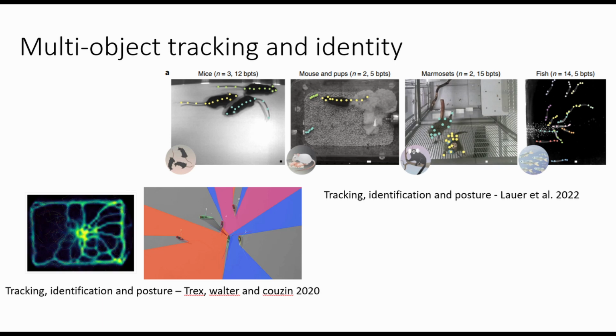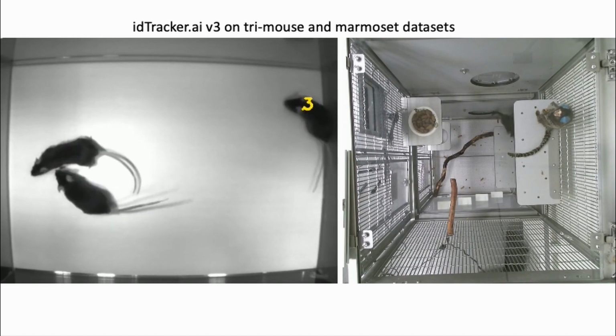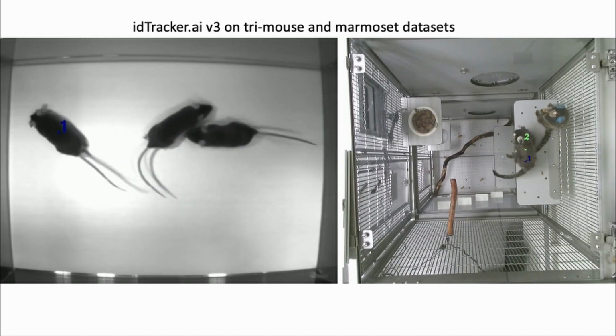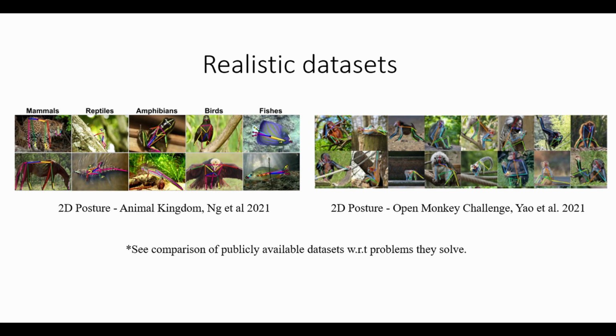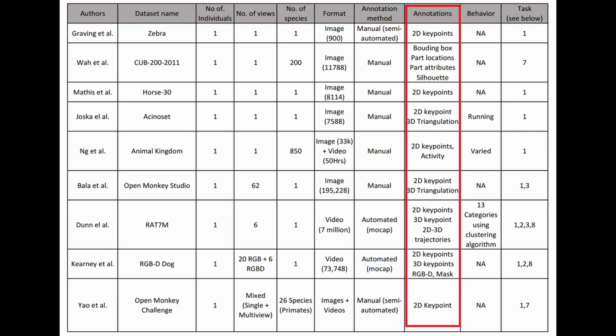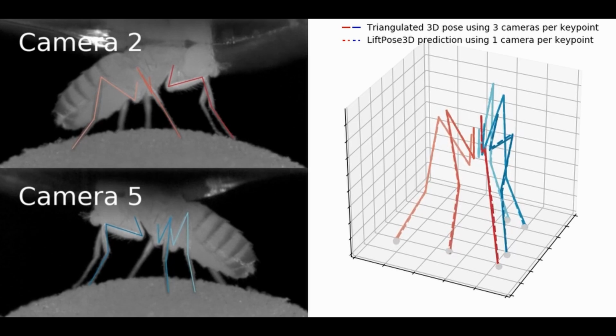Similarly, multi-object tracking and identity tracking are equally important while studying animals. However, existing solutions have largely focused on solving this problem in 2D domain, because creating such ground truth with animals is extremely challenging. A closer look at publicly available datasets reveal that most datasets have 2D annotations for either posture, tracking, or identity, but not all of them together, and certainly not in 3D.